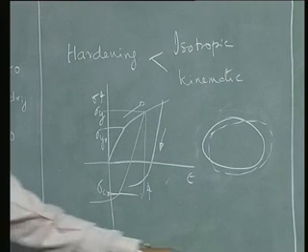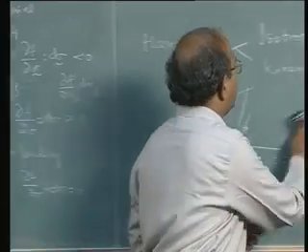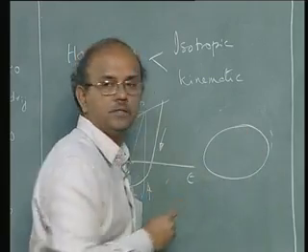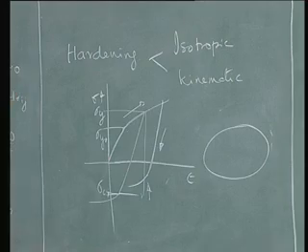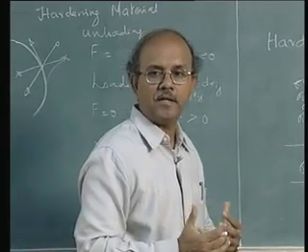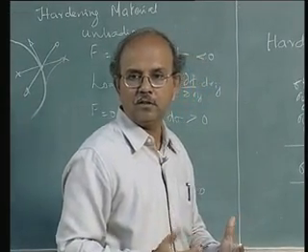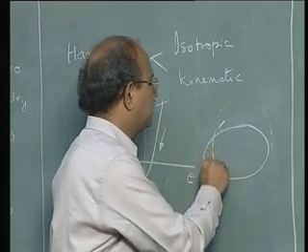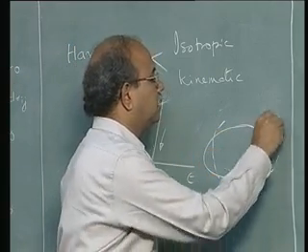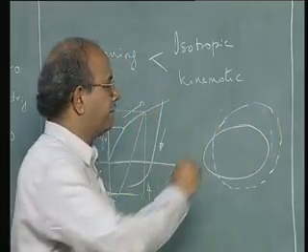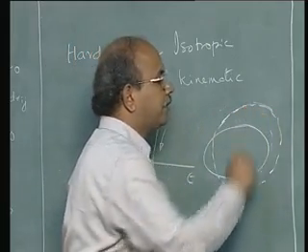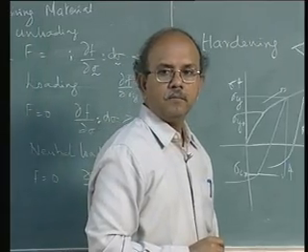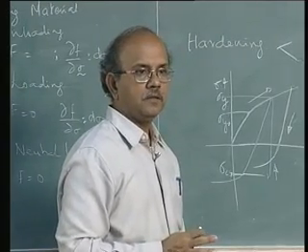So, when there is both a dilation as well as motion, or in other words, when it has both kinematic as well as isotropic hardening, the new yield surface would now be something like that. So, it would not only expand, but it would move like that. Is that clear? Okay.